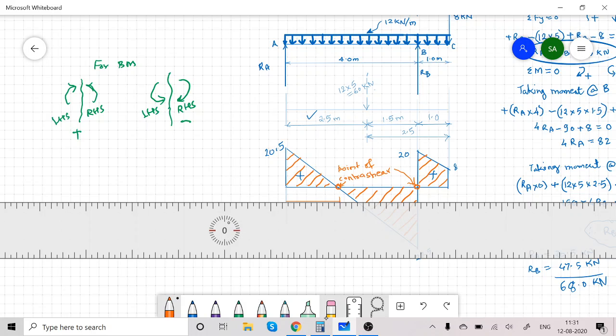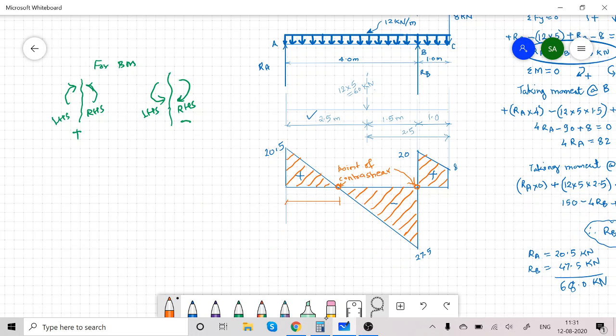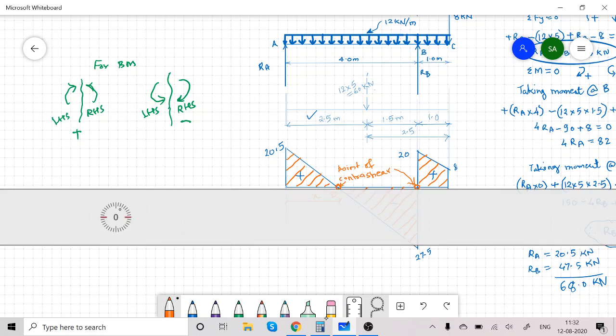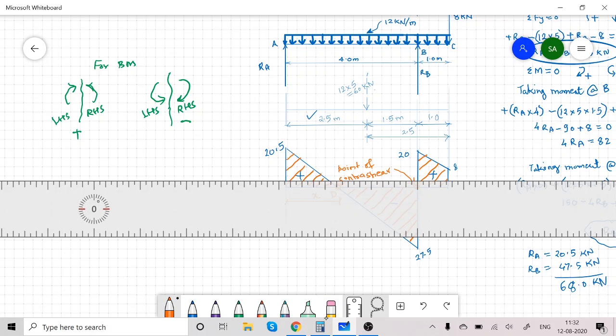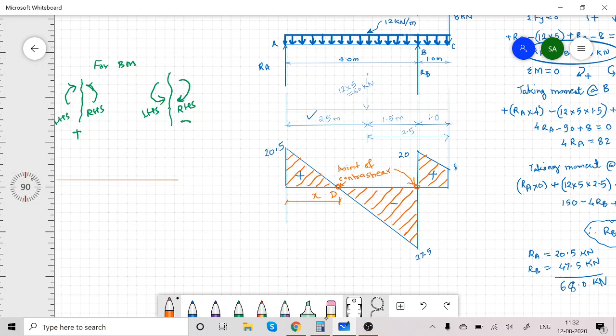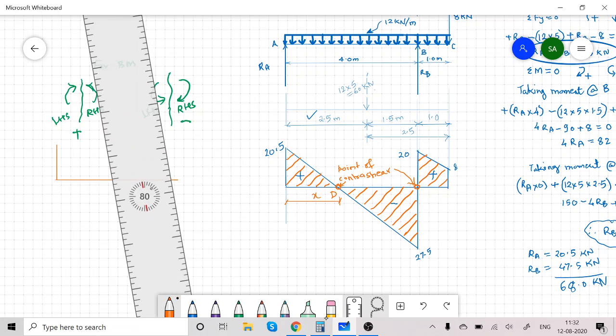I will call this point as X, and suppose this point is say D. Now to locate this point, I will consider the shear force diagram between A and B. See, I am just drawing the shear force diagram between A and B here. At A it is 20.5 and at B it is 27.5.